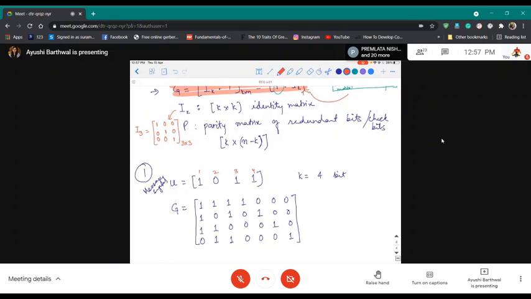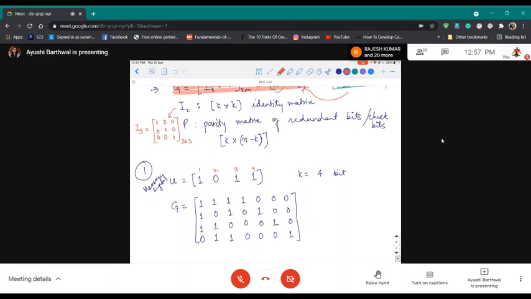And since in this question you have to find the encoded information, that is, what V will be, and G is given in this form, you have to identify the identity matrix. The order of the identity matrix will be the order of the bit vector, that means 4.